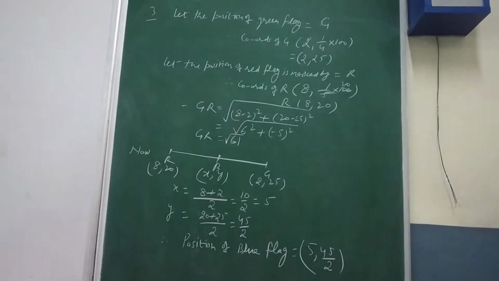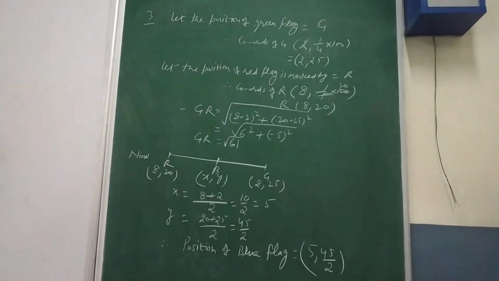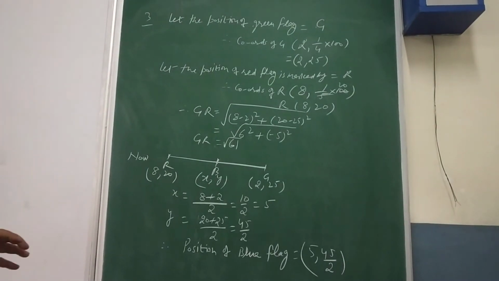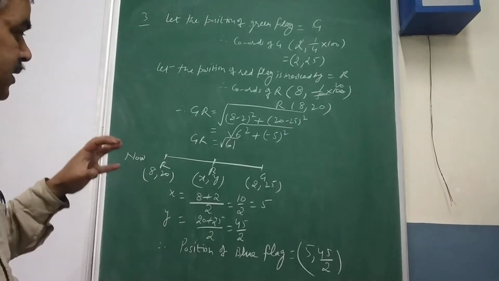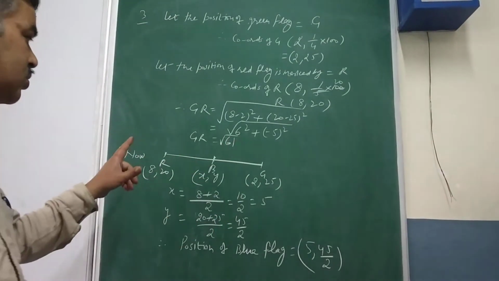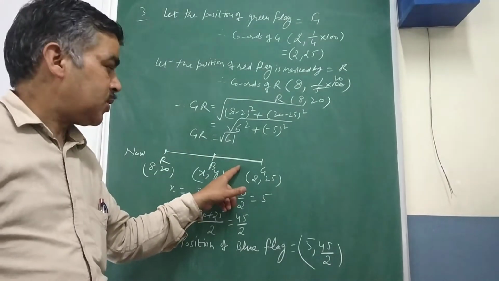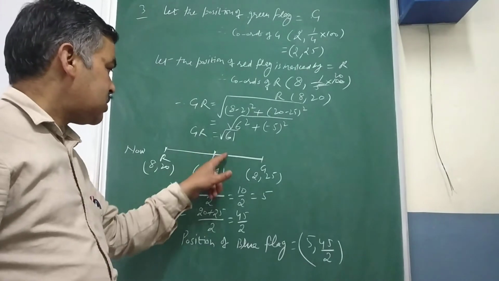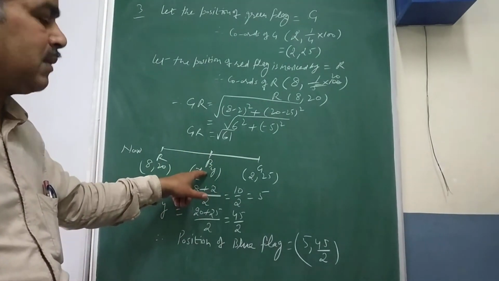Now the third girl is there. She is running and you have to find the position of the blue flag posted by this girl exactly at the midpoint of the red and green flag. So if R denotes the position of red and G the position of green, then B is the position I have marked over here, denoted by the blue flag.